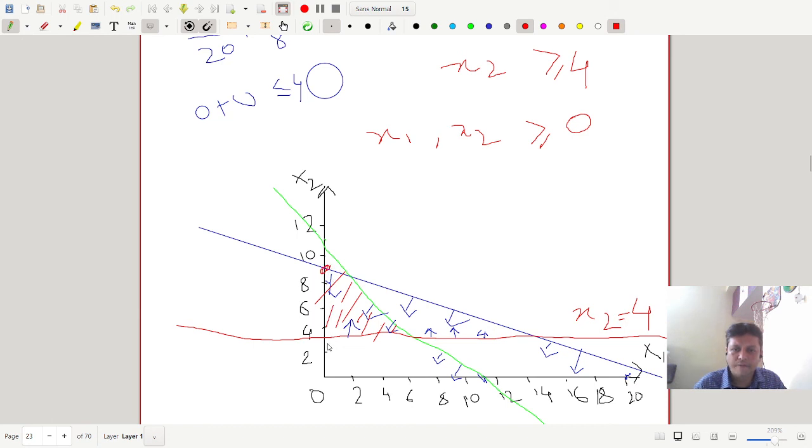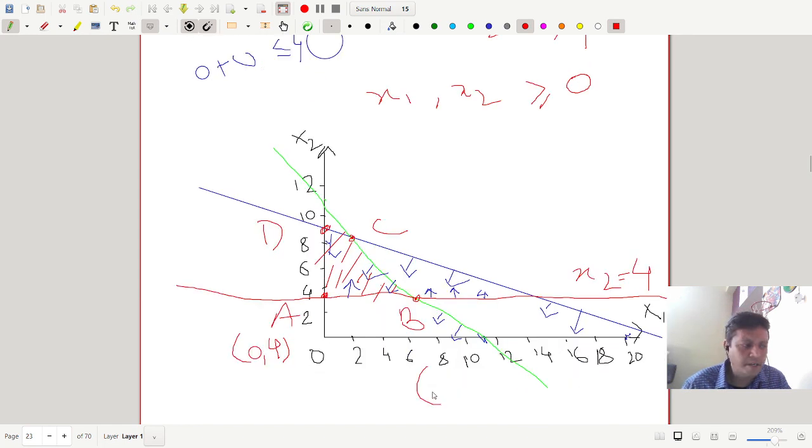You have four extreme points, four corner points, A, B, C and D, and I have solved them. A is 0, 4, obviously from your graph, and B you can solve: B is 7, 4, C is 5, 6, and D is 0, 8.